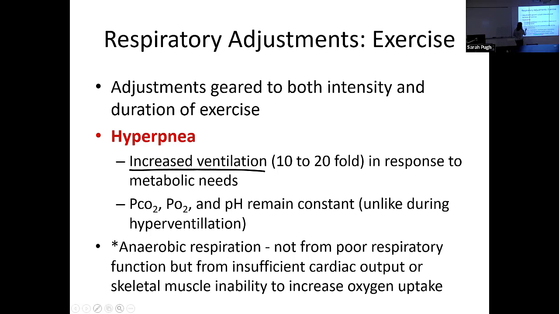However, when you're exercising, the CO2, oxygen, and pH remain constant because all that you're doing is your body is adjusting to your body's demands. So this is not like hyperventilating. You're not changing your oxygen or CO2 levels. Instead, you are maintaining those and you are just matching your body's demands by breathing faster.